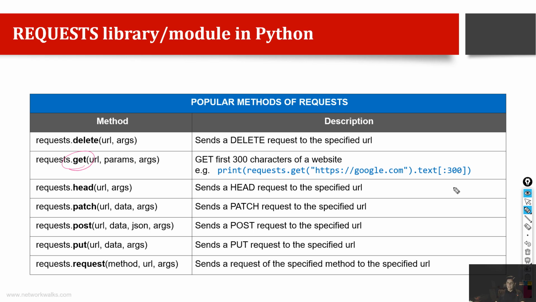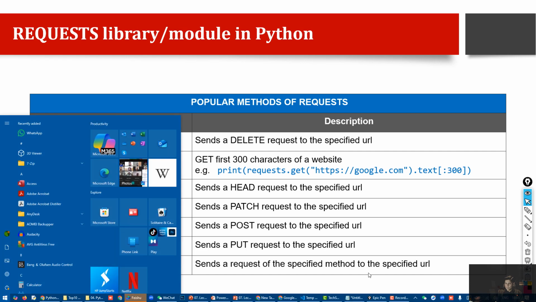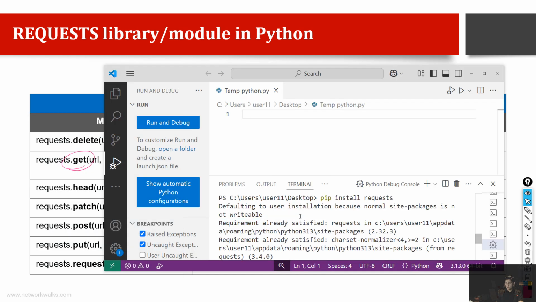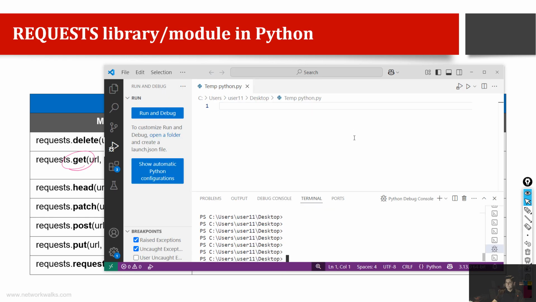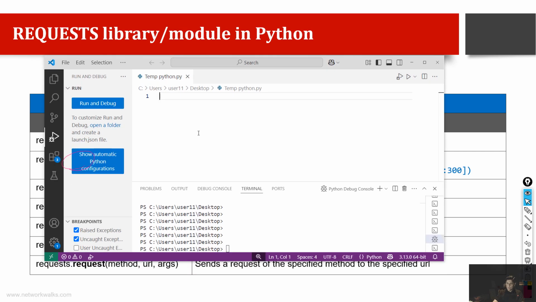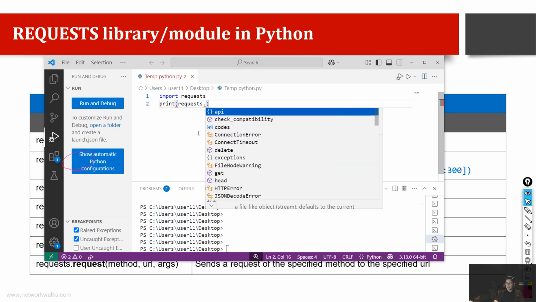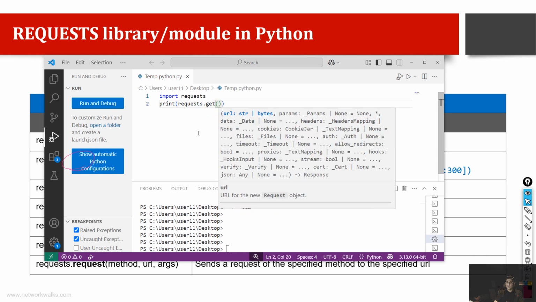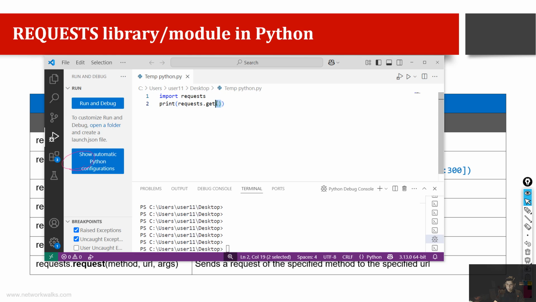Let me show you some examples. Let's go back to our Visual Studio Code. First of all we have to import the requests library, and then we have to print what we want to print, requests dot get. So we are using the get function, and inside the get function these are the parameters, meaning the information we pass to the function to process.